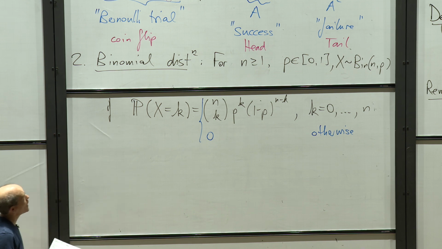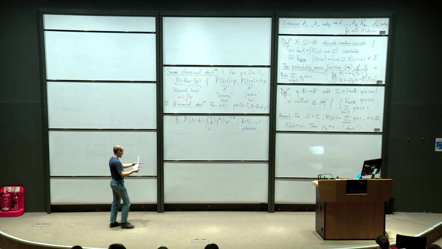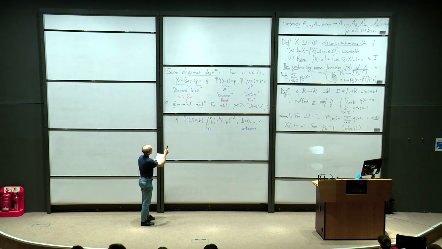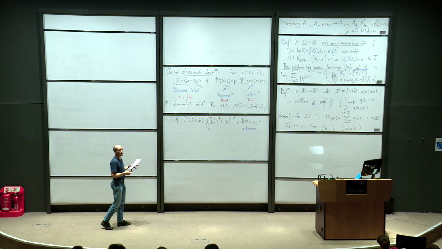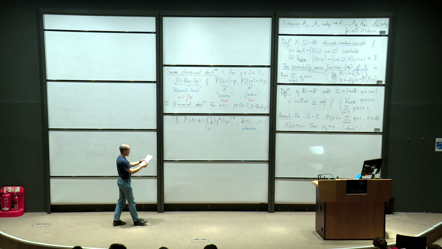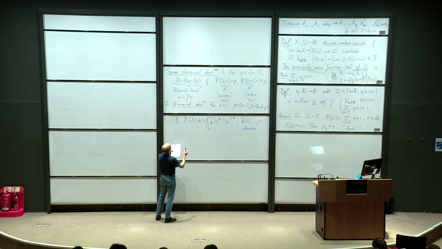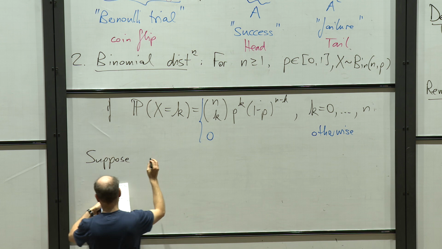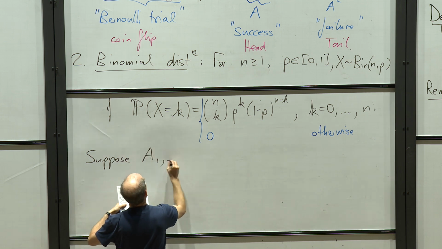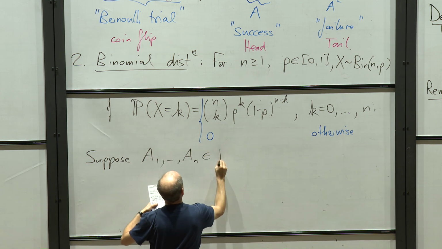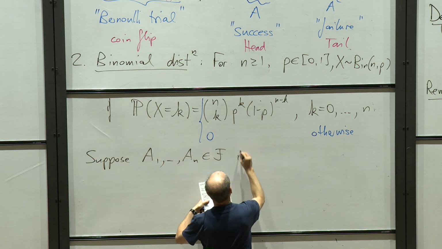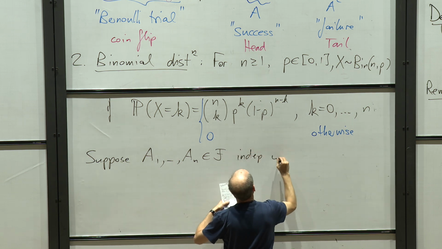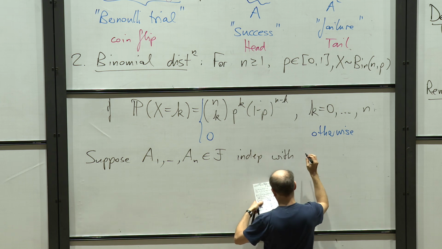And how does this arise? Well, that's where I'd like to refer back to events at this stage. And we can think of these events as heads and tails in coin tosses or successes and failures in Bernoulli trials. And so let us put that framework down. Suppose that A1 up to AN are events, and those events are independent with probability p.